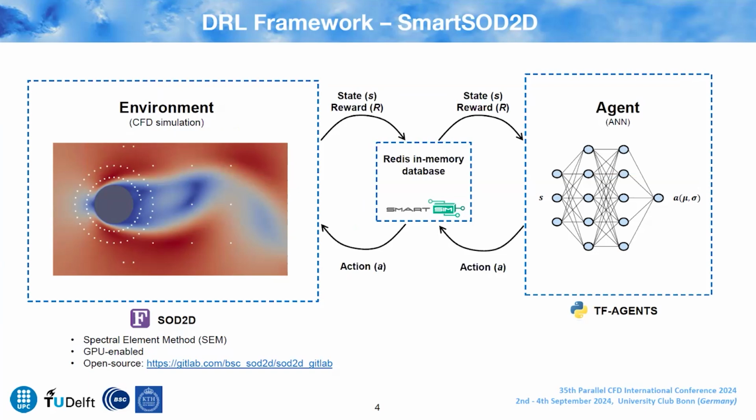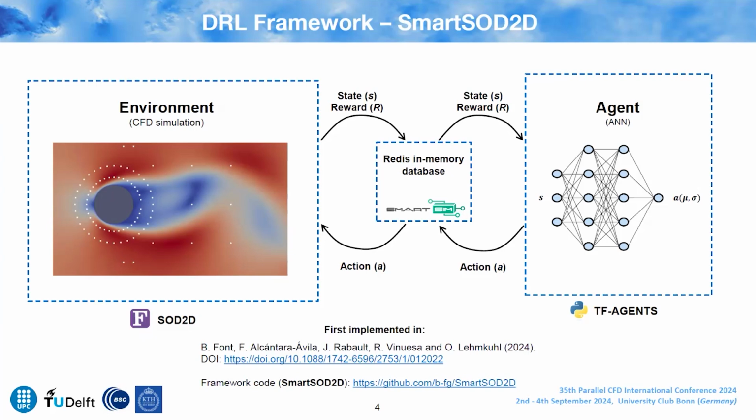In our case, we are using a Redis in-memory database managed by this library called SmartSim, which creates an in-memory database so that both the Fortran instances and the Python instances can write and read from this database and then do this exchange of information.